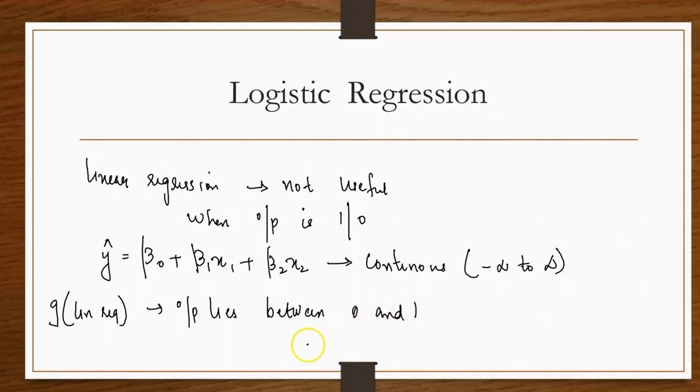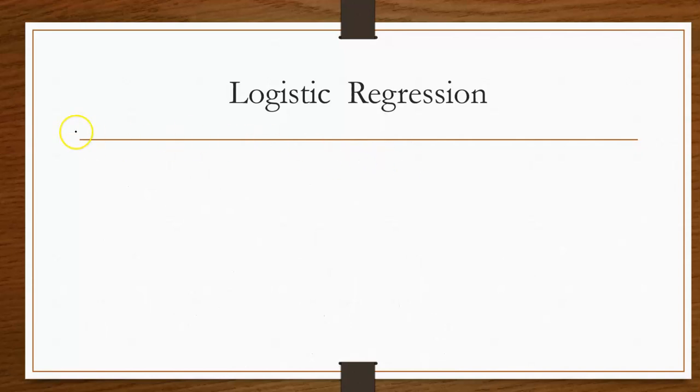This function is called the logistic response function. We obtain it by applying a function to the linear regression equation so that the output lies between 0 and 1 instead of negative to positive infinity. And that function is actually a probability function.